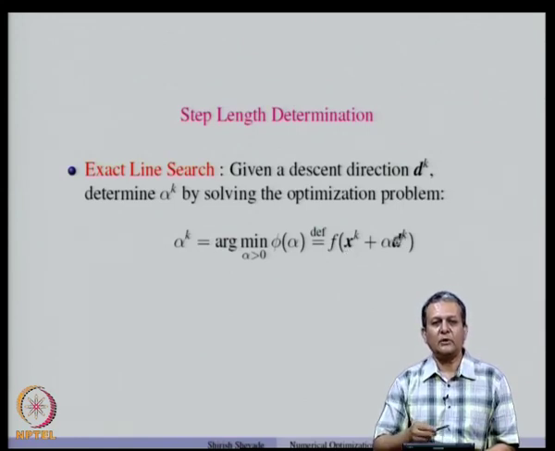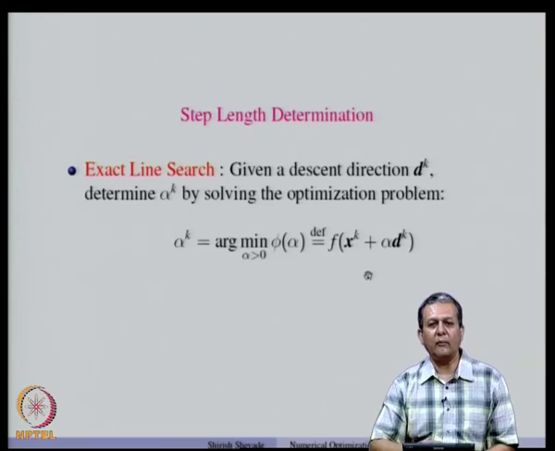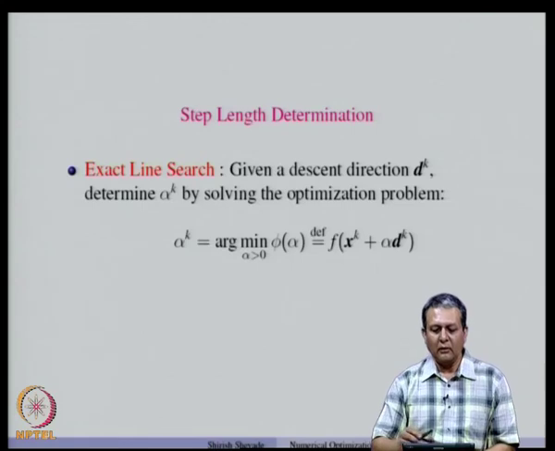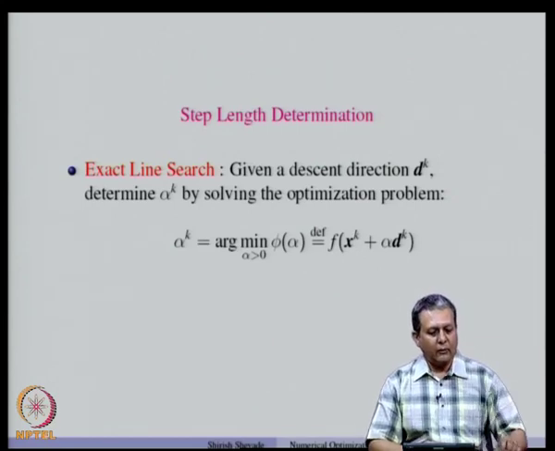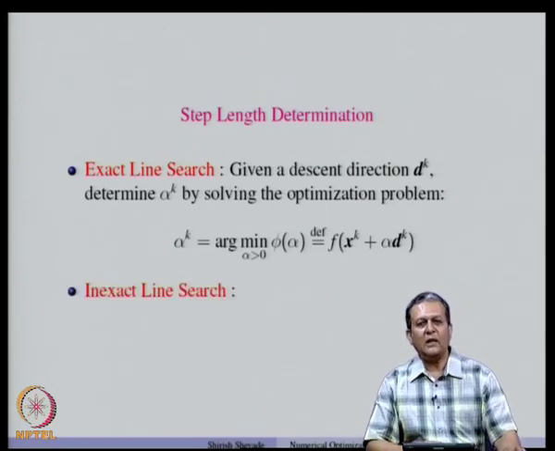Many times the optimization problem needs to be solved completely to get the solution alpha, and in most of the cases we are not really interested in solving this problem exactly, but our main problem is to solve the minimization of f of x. So, it may not be a good idea to do this exact line search in most of the practical algorithms. Therefore, there are different ways to do inexact line search.